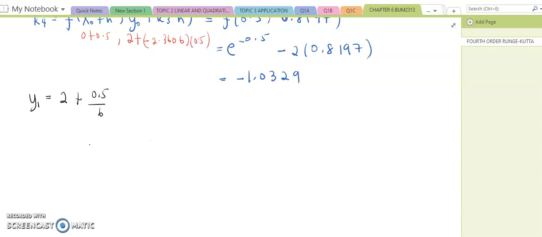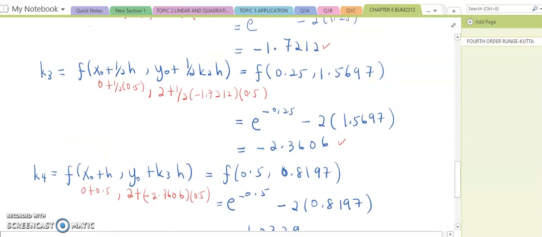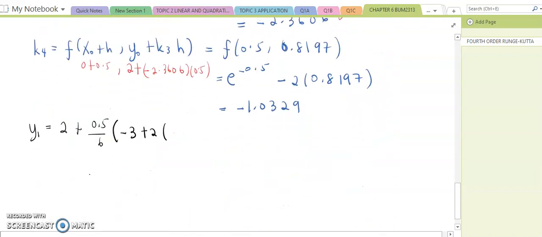y1 is 2 plus 0.5 over 6 times with k1. So k1 is negative 3 plus 2 k2. K2 is negative 1.7212 plus 2 k3.